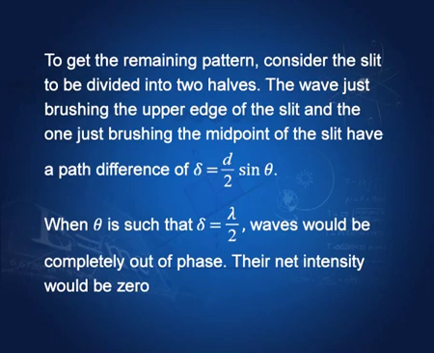Whenever theta is such that delta is lambda by 2, waves would be completely out of phase, their net intensity would be 0. That means they would interfere destructively. So, whenever d by 2 sin theta is equal to lambda by 2, that is d sin theta equal to lambda, then the waves will interfere destructively and you will have a dark region.